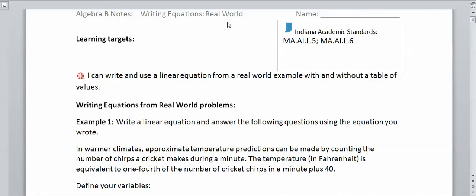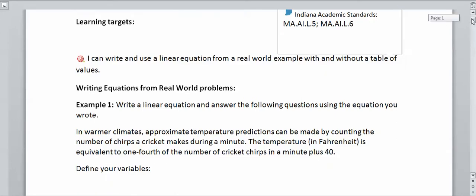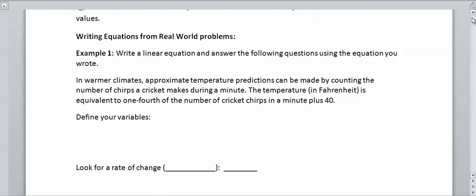But the real reason that's important is because in the real world we can do that anytime we want to. All we need to write an equation in the real world is a rate of change and some initial value, so some starting point in a problem, an issue, something that I want to model as a linear equation.